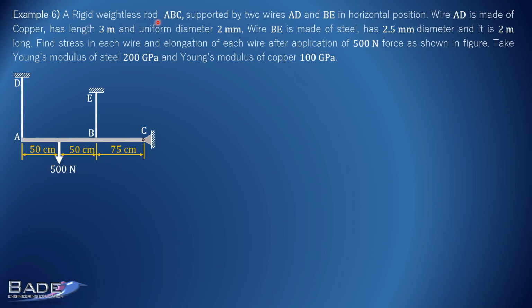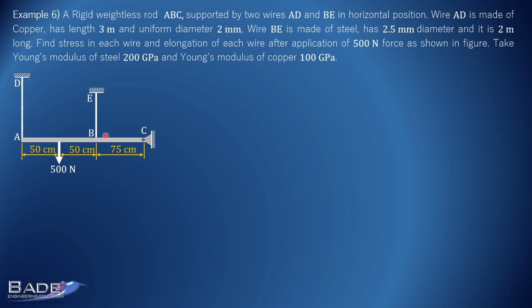A rigid weightless rod ABC is supported by two wires AD and BE in horizontal position. Wire AD is made of copper, has length 3 meter and uniform diameter 2 millimeters.